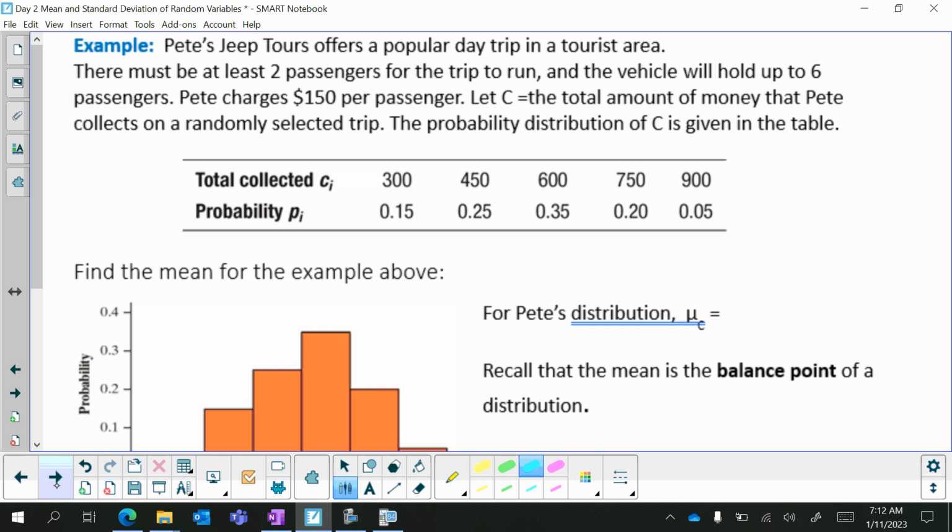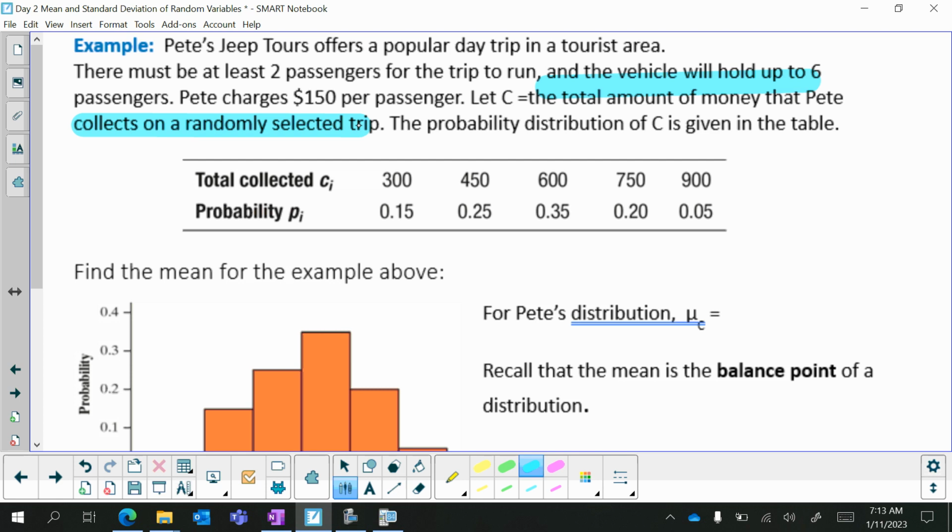And on the trip, they let C be the total amount of money that he collected per trip, depending on how many people were in the Jeep. So if we wanted to say how much money can we expect Pete to collect, well, that word expect kind of denotes the average. Like on average, how much money is Pete going to collect, okay?